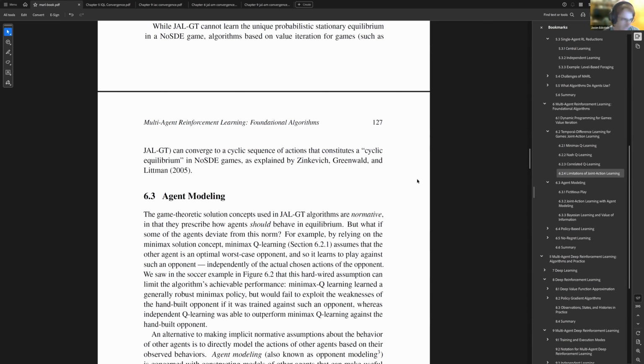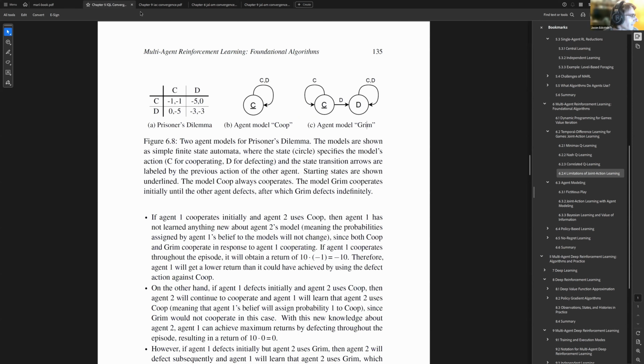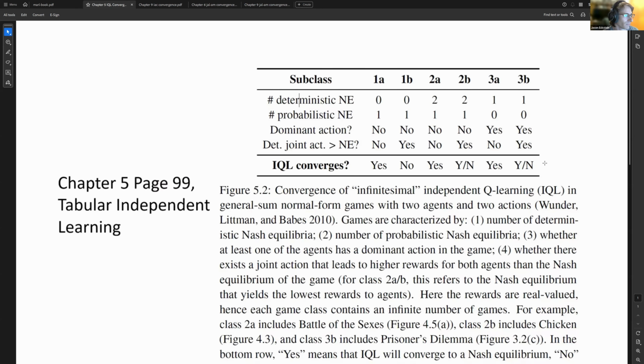If you want the really technical answer, I showed this table where these are the cases where independent learning can and can't work. But you wouldn't know this ahead of time with a stochastic game, because you don't know what subclass each state is going to end up in. By the end, we're going to get to a point where there is more accounting for the behavior of other agents that can improve convergence.